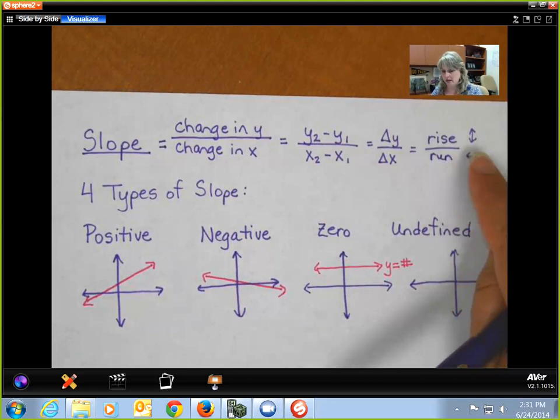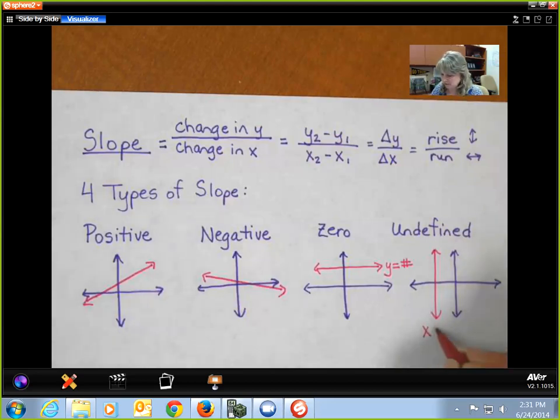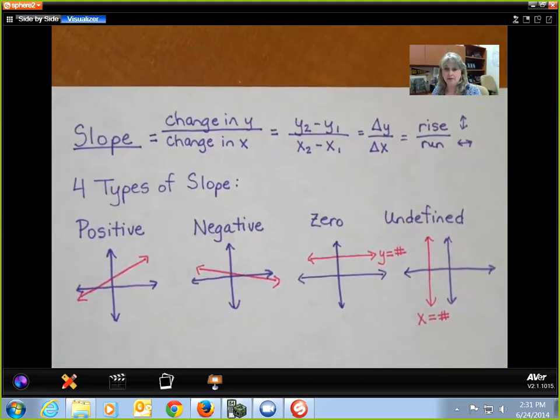It's only going up or down. So it may look something like this. A vertical line has undefined slope. And you would recognize that equation because the equation won't have an x and a y in it. It will just have an x equals a number. So that's how you can tell the four types of slope.